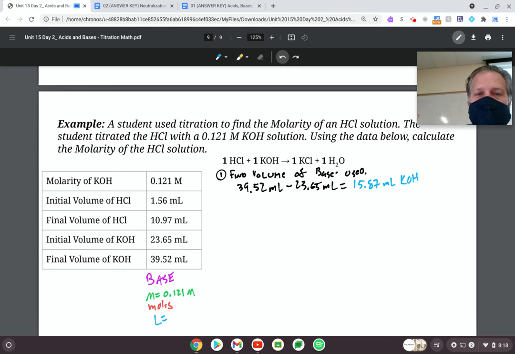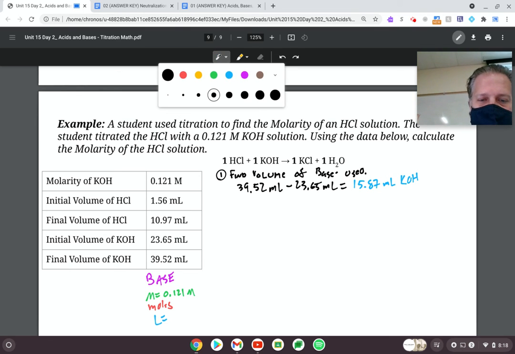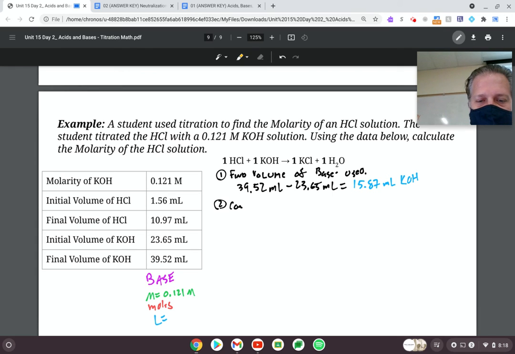Okay. So now step 2 is convert milliliters to liters. You should remember that the conversion is 1,000 milliliters is equal to 1 liter.